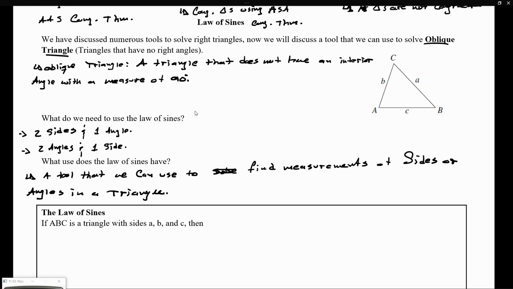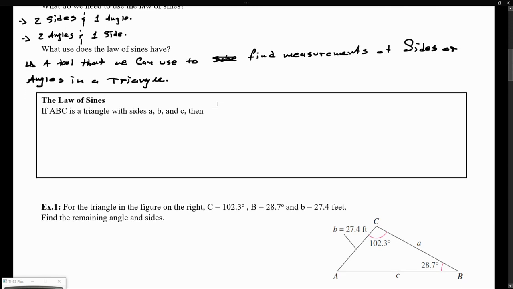Okay, so we have introduced the law of sines. We have said when we need it and what it's good for. So let's actually state it now.